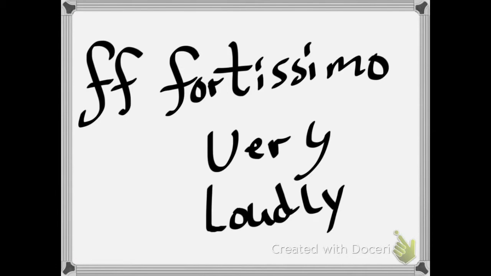Same way that PP stood for pianissimo, FF means very loudly, fortissimo. So if we do them in order, we had pianissimo, PP, then MP, mezzo piano, then MF, mezzo forte, then F, forte, and now we have FF, which is fortissimo, very loudly.